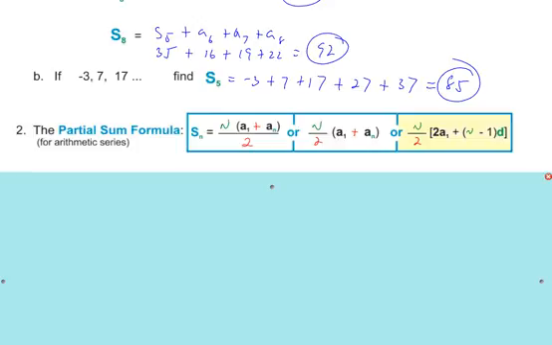You might say, well, why would you use this formula? You can use this when you don't know the value of the last term, because you don't need it, because there's no a sub n.